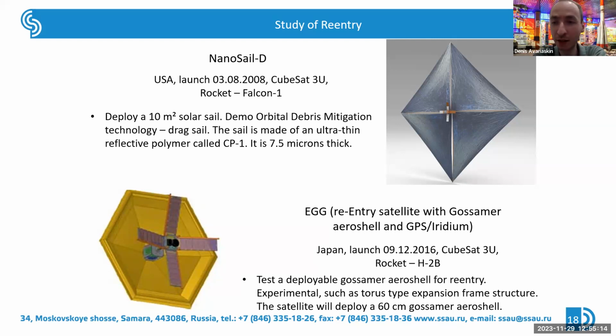When the satellite stops working, it flies around the Earth, and when it doesn't work, we need to get rid of it, because it becomes space debris. So that's why we can re-enter our satellites using these solar sails. So here are some examples that test this technology.